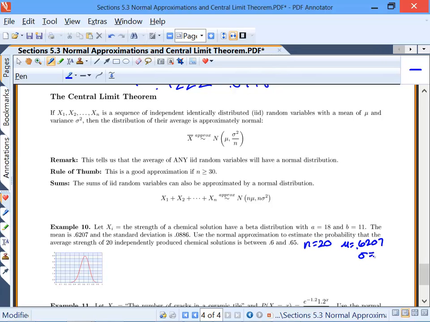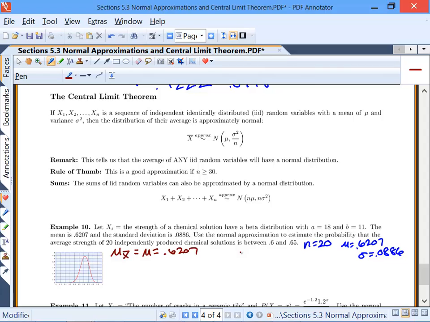The original standard deviation is 0.0886. Okay, and we are interested in x bar. So if we use our symbols correctly, we can differentiate. So when I say the mean now, I want the mean for x bar. And the mean for the x bar, we know is just equal to the original mean, so 0.6207.